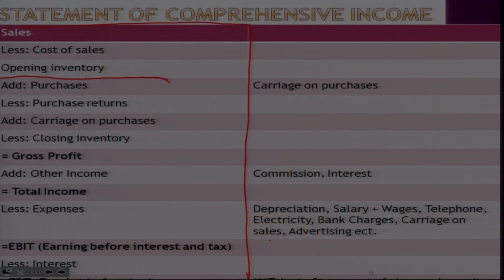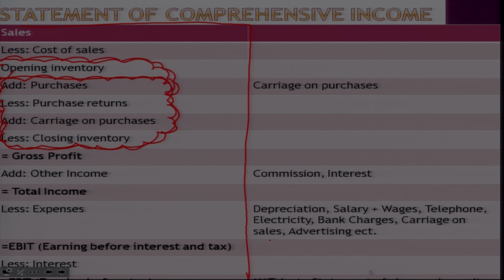If we didn't give you the cost of sales, we will then give you these elements to calculate the cost of sales. If we gave you cost of sales, you don't calculate this. If we didn't give you cost of sales, we will give you these elements. Then you must be able to calculate the cost of sales.